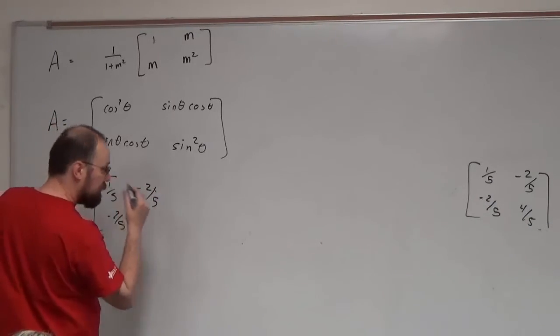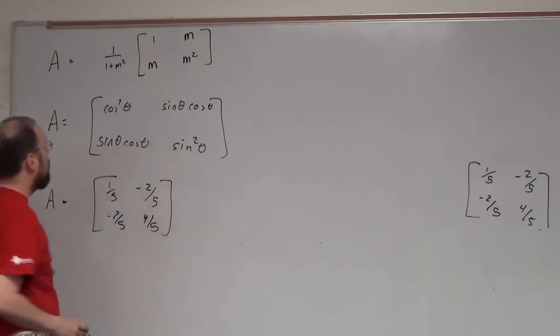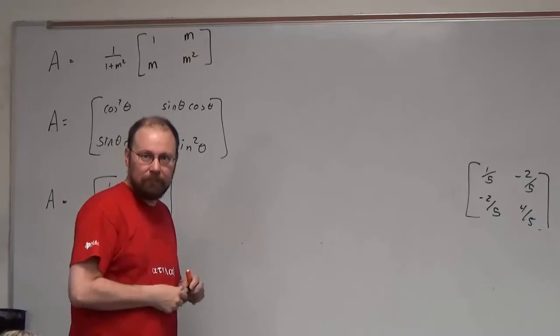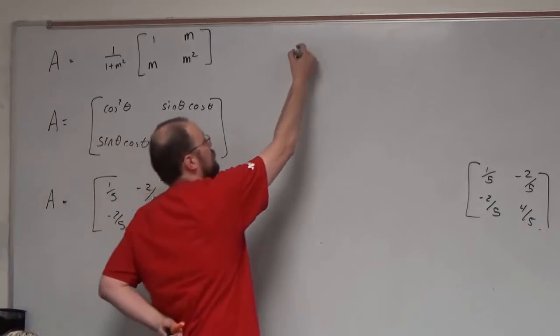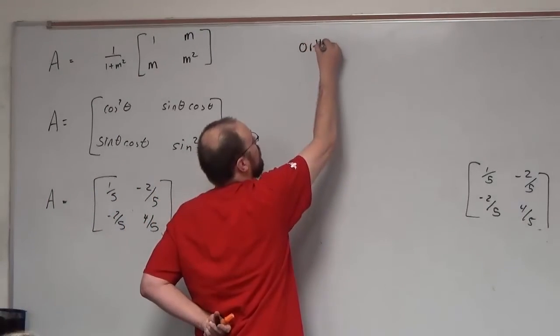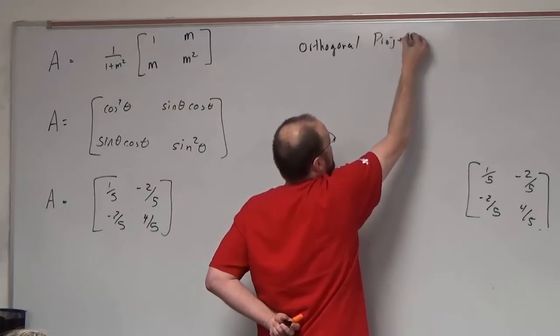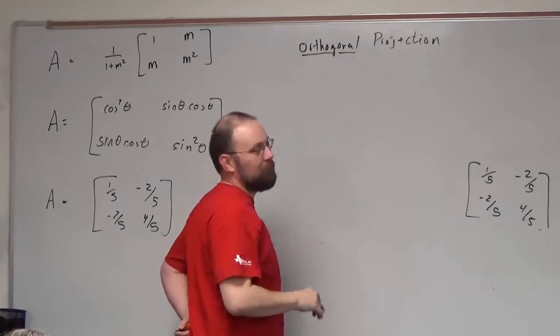What are some properties here? Well, first of all, these matrices are symmetric. So orthogonal projection matrices are symmetric, and orthogonal is the key word.